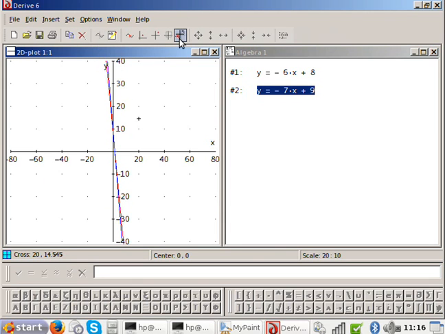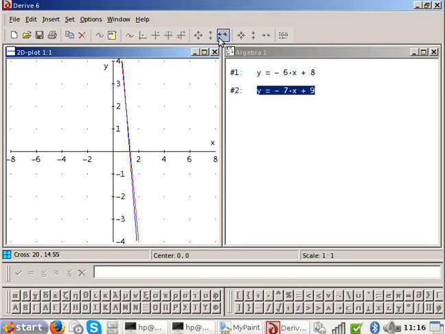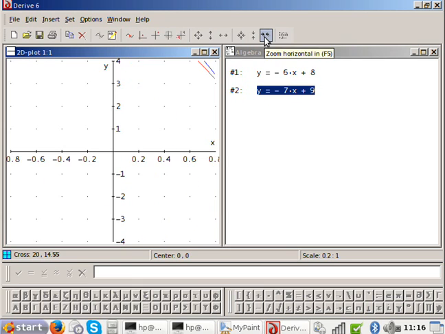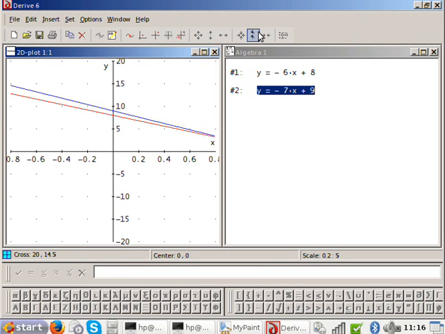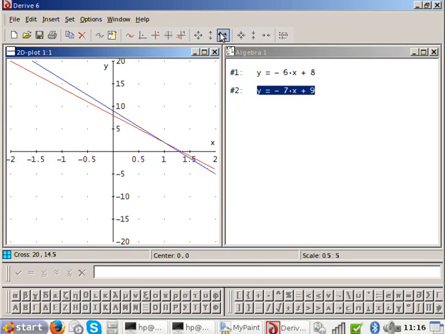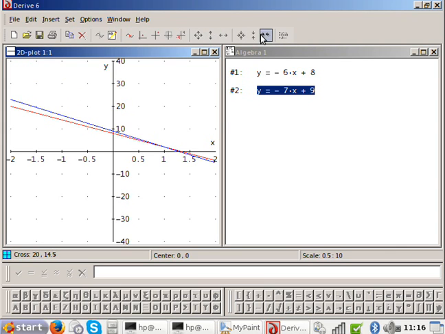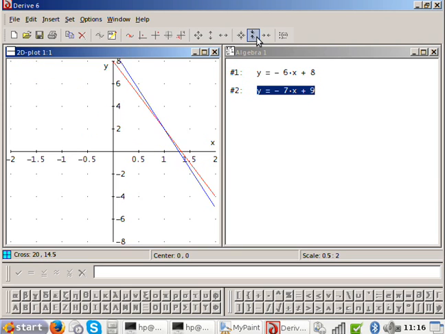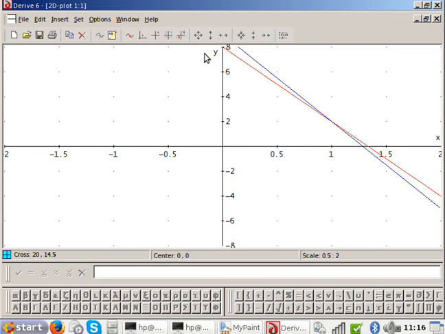Second one. Okay, I need to adjust slightly. Right, we're getting there. Okay, that's not too bad, I guess.